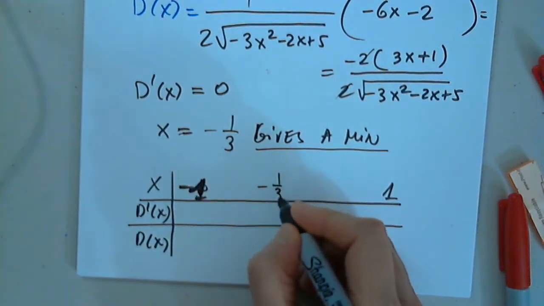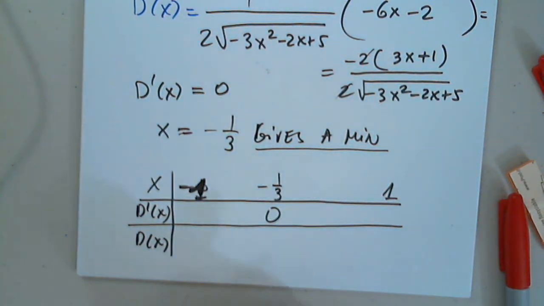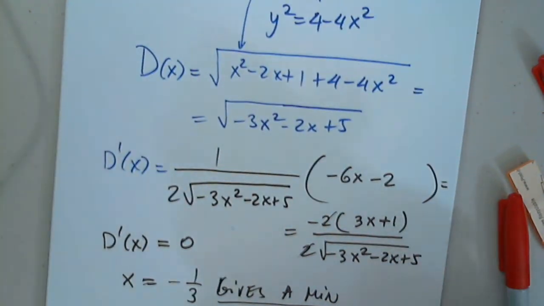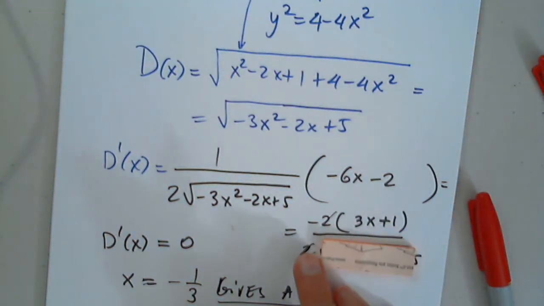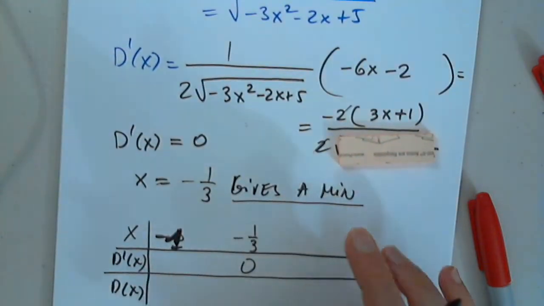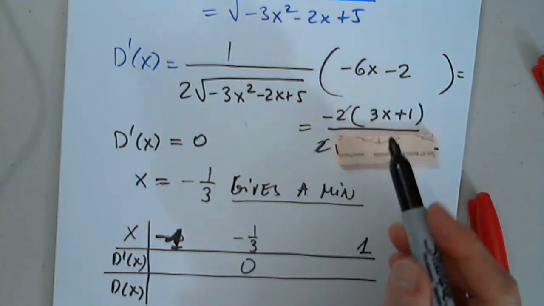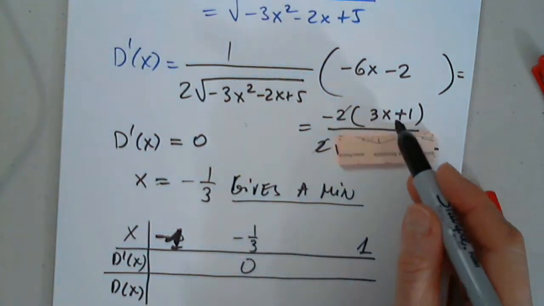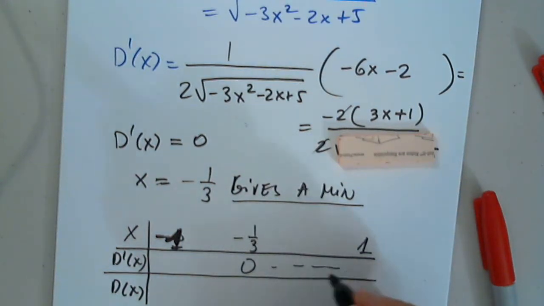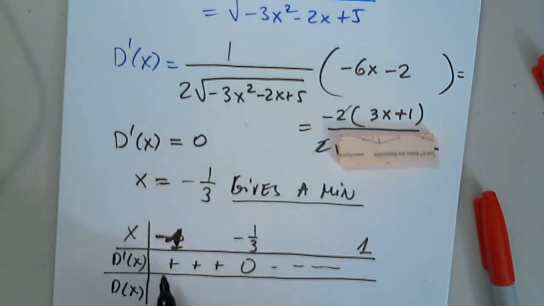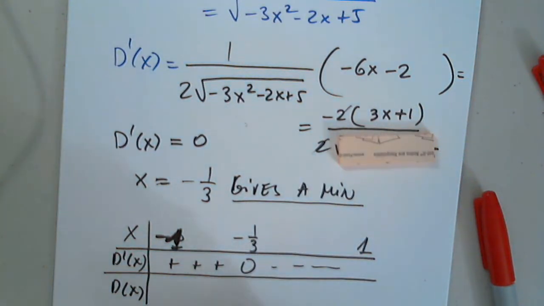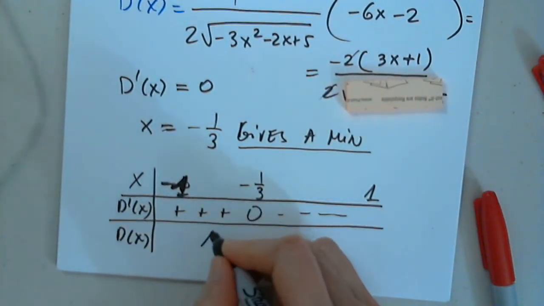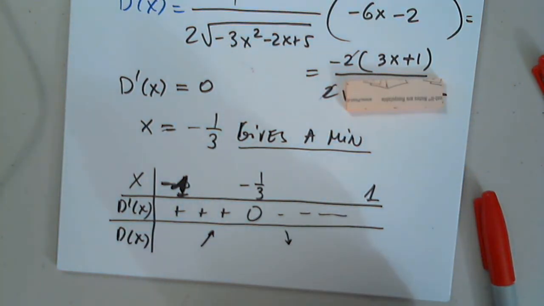So we got negative 1/3, which is 0 here. And I'm looking at this function. I refuse to plug in anything in the denominator. But if I plug in 0 here, I get negative, and on this side, I get positive. You plug in negative 1, it's negative 2 times negative, which will be positive. So this is definitely a situation for a maximum.